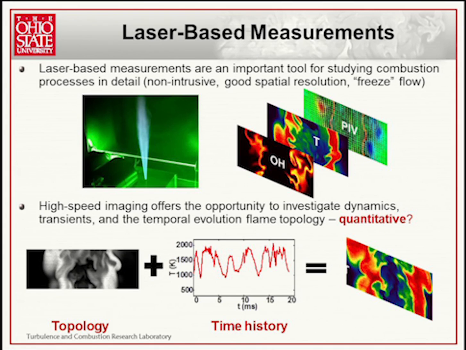And these are outstanding motivations. The reason why you want to do imaging is you want to keep the physical structure that came from instantaneous imaging, that's been developed over the last 20, 25 years. And then you want to go back and still take advantage of the temporal history that existed in probe measurements decades before, and therefore you want to start trying to take advantage of these high-speed measurements.